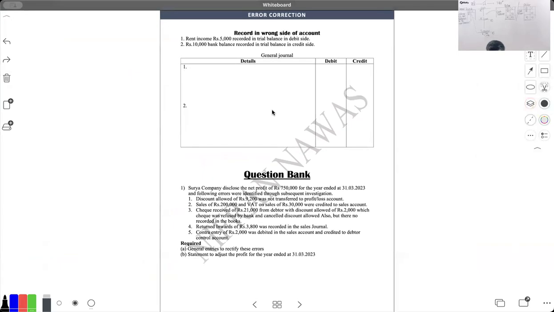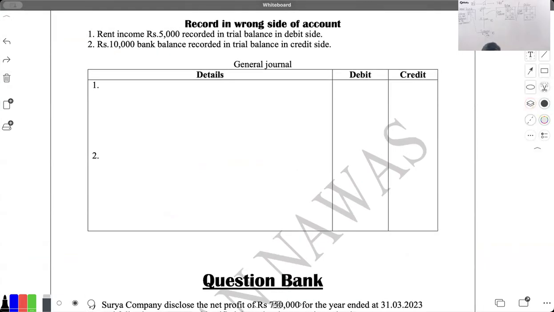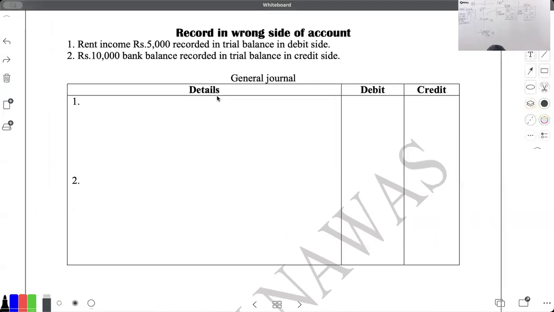So now the last part, record in the wrong side. Can you do this question? Rent income 5,000 recorded in the trial balance in the debit side. Let's see who's going to get this correct. Go for it.